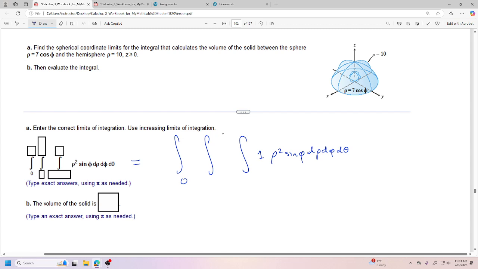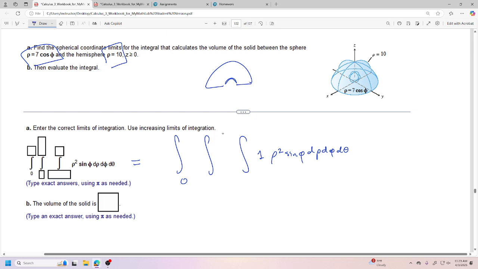Okay, so we're looking for rhos. We're looking for phis. I see a rho, and there's a big bubble sphere, and then there's a little bubble sphere kind of thing. They're wanting all the stuff inside.